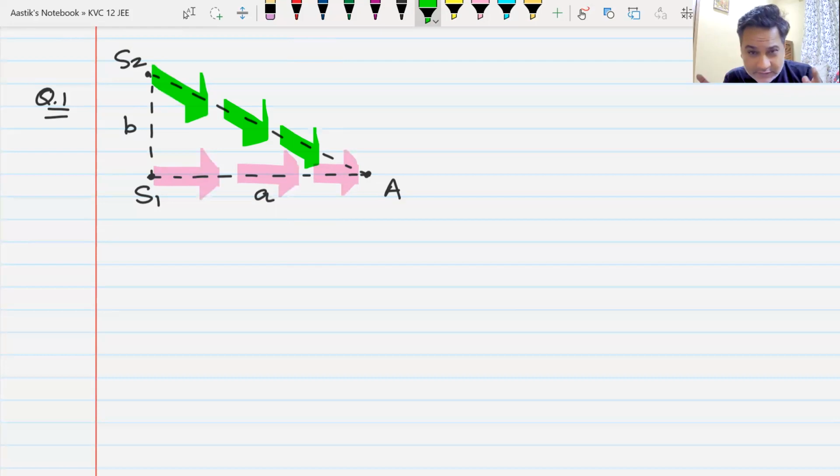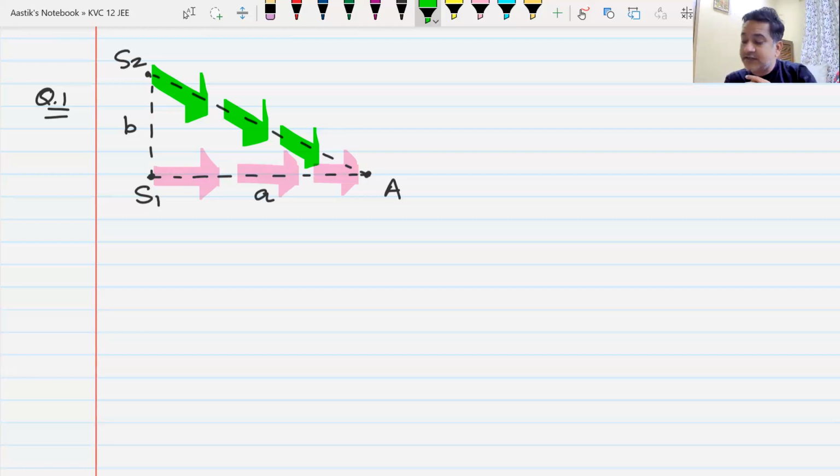If they have a path difference between them, that is the question. Find out the path difference. And once you know the path difference, find out the phase difference between the waves arriving at point A. One wave is coming from source S1, ding. The other wave is coming from source S2, bling.